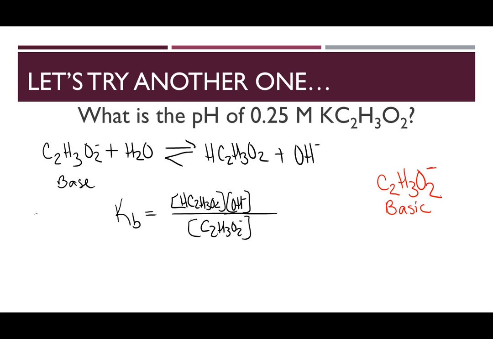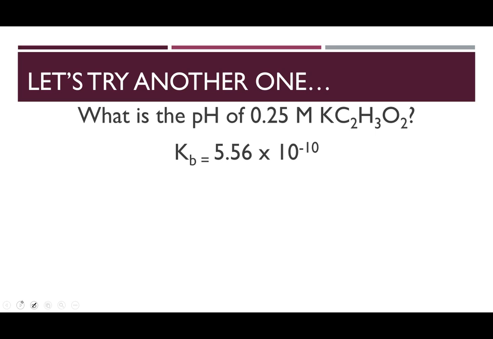And then moving forward, in order to solve for the hydroxide concentration, we're going to need Kb and we're going to need an ICE table. All right, so let me just rewrite this quickly and then we'll get into our ICE table.